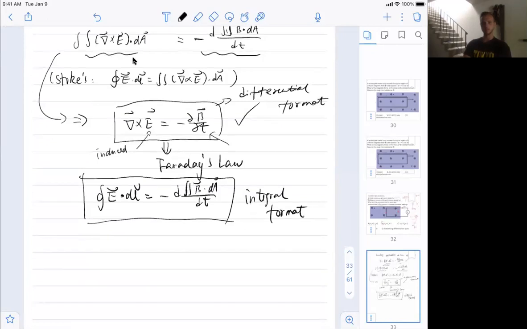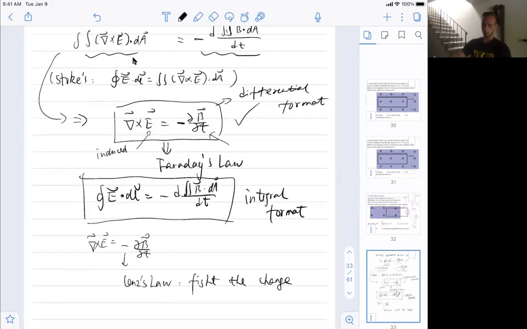The negative sign, very importantly, you have to have the negative sign. The negative sign in negative dB dt has another name called Lenz's law. It simply says nature wants to fight the change, no matter what the change is.